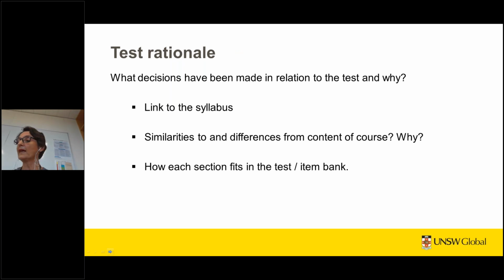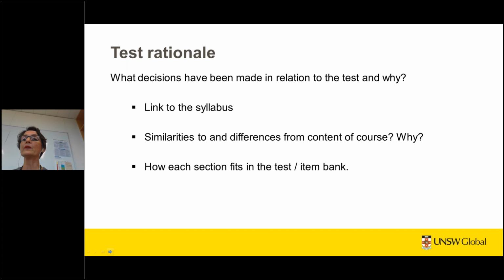Okay, so then we look at the test rationale. We look at the decisions that have been made in relation to the test. So we link the syllabus. What is the link to the syllabus with this test? What similarities and differences are there from the content of the course?